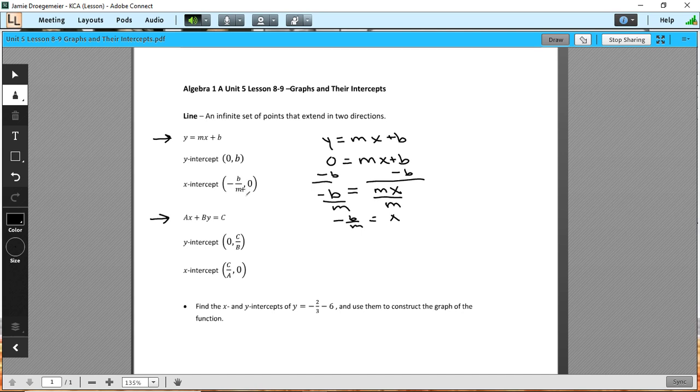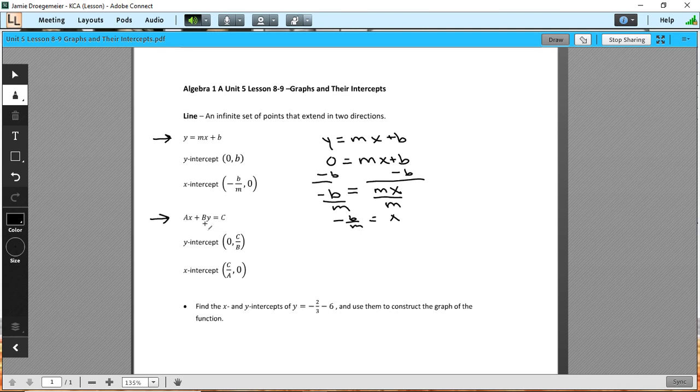So if I know the equation of the line in slope-intercept form, I can find the x-intercept by taking the opposite of the y-intercept and dividing it by the slope. Not something that you necessarily need to memorize, just showing you how you can manipulate these formulas to find some different values.